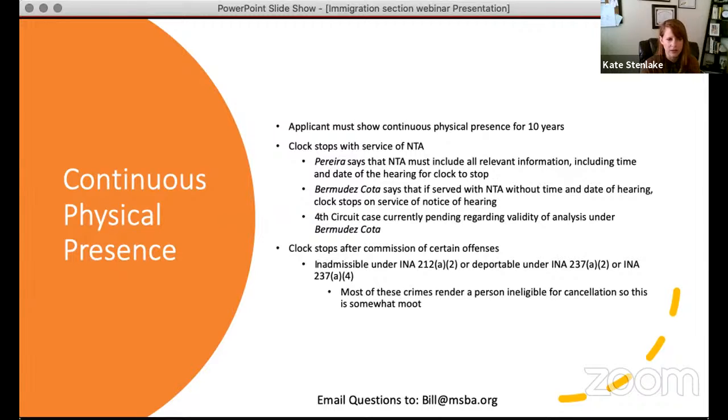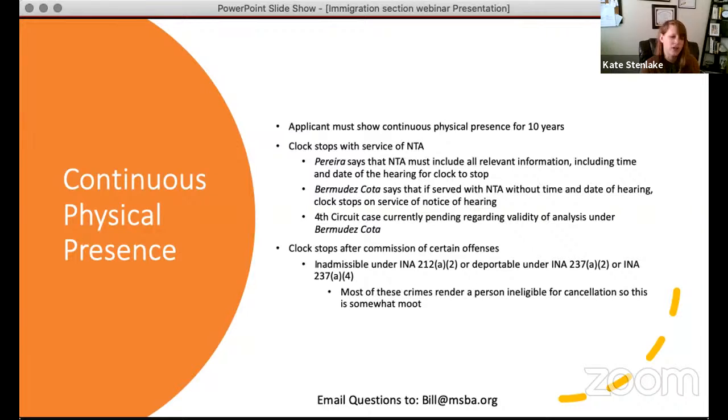Now, this has been an area of law that's been changing recently. The Supreme Court in Pereira said that in order for the clock to stop, the notice to appear must include all relevant information, including the time and date of the hearing, in order for the clock to stop for physical presence.